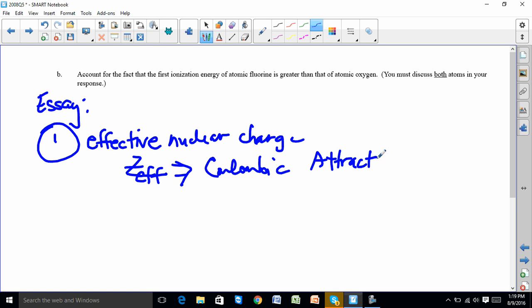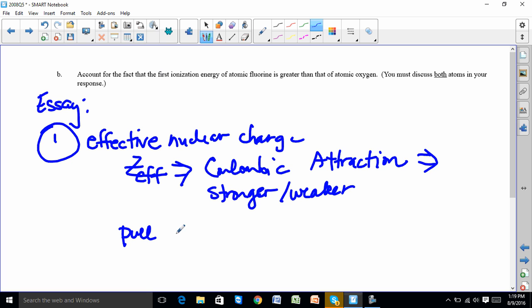And Coulombic attraction is a force, so we say stronger, weaker. And then you don't really have to do this, but I've noticed that my students get more points if they do: you should talk about how Coulombic attraction affects the pull on the valence electrons.